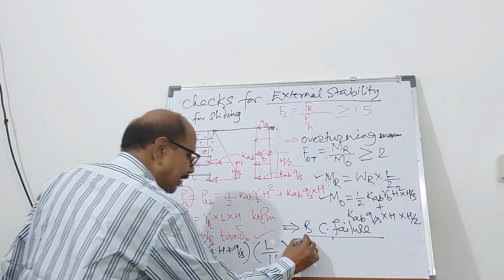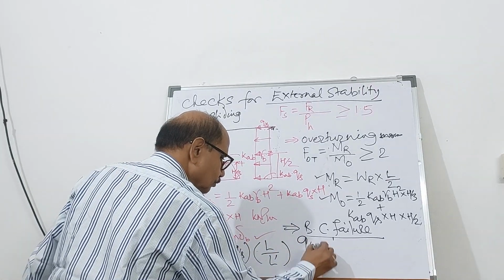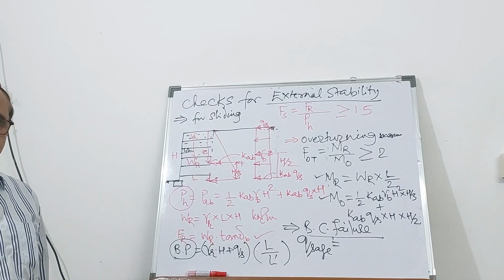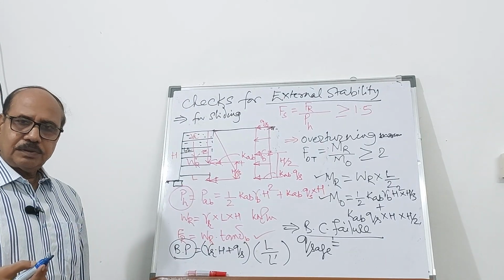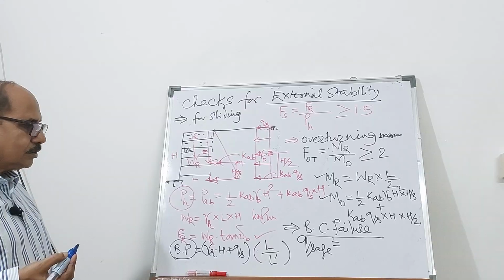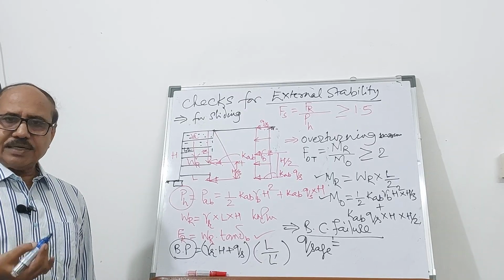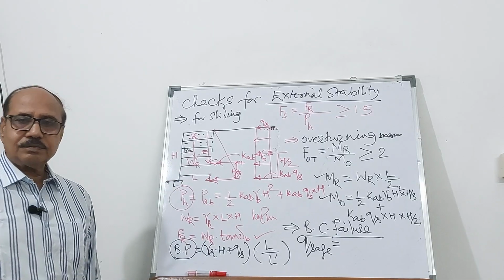And what is the safe bearing capacity? From any formula, Meyerhof, basic, IS code formula, Terzaghi's bearing capacity, Q safe. You can find it out for this.